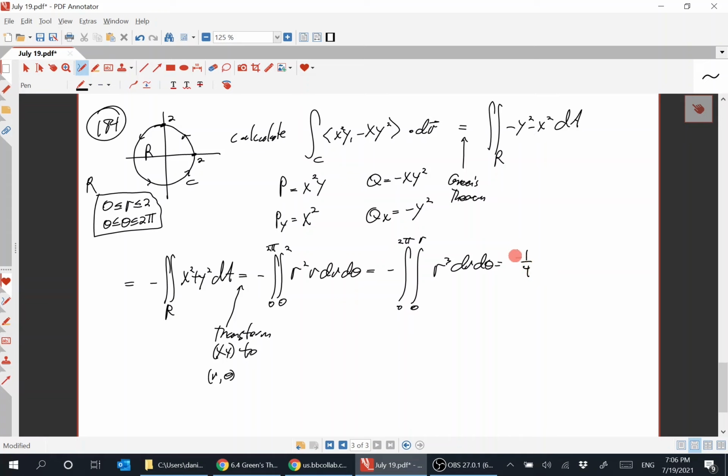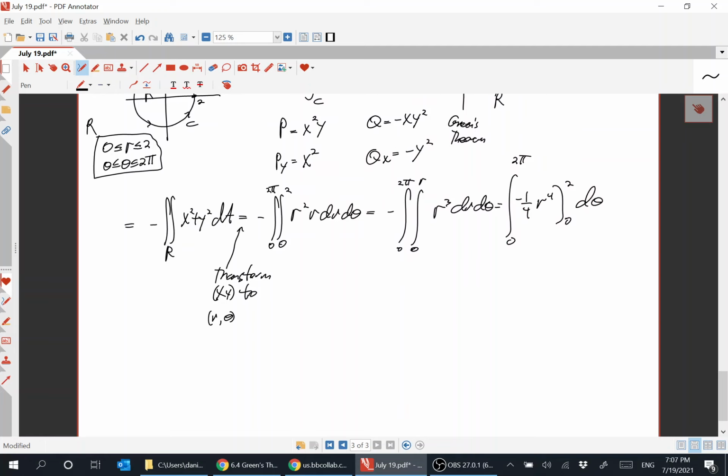So minus 1/4 r to the fourth, 0 to 2, d theta. So this is equal to 16 over 4, so minus 4 d theta. That's a constant, minus 4, so it's minus 4 times 2 pi, which is minus 8 pi.